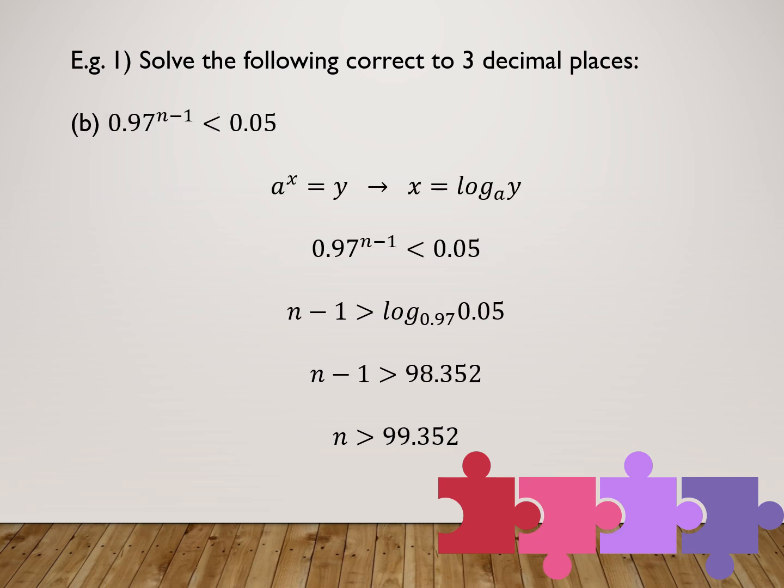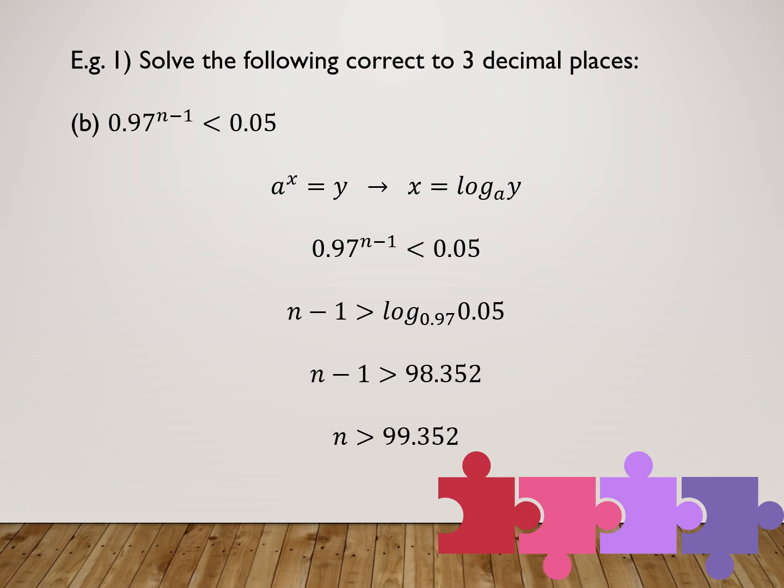So for our next one, 0.97 to the n minus 1 is less than 0.05. Using the same rule, change your base. You leave the n minus 1 on the left-hand side because that's your index or your exponent.